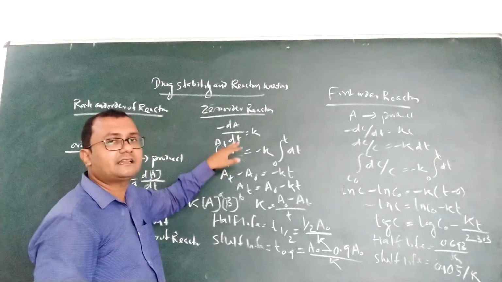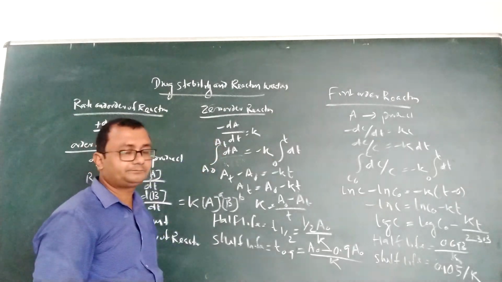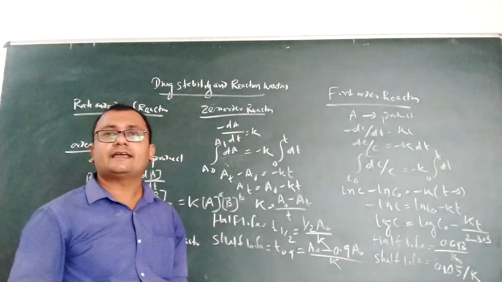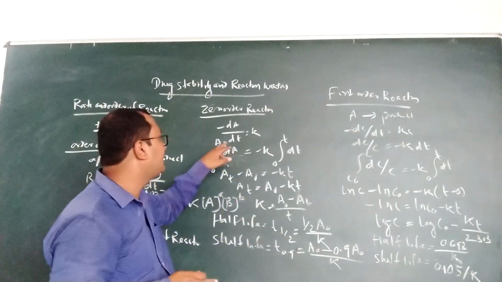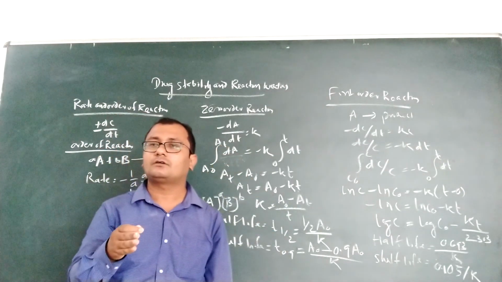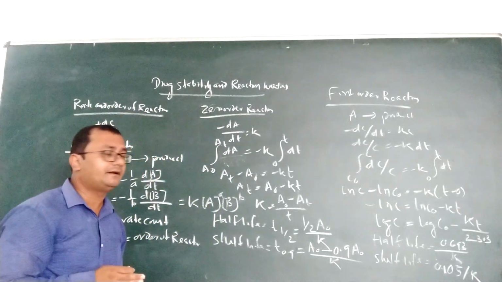Now we can integrate that equation. If we integrate, we have to take A0 and At values. A0 is the initial or original concentration, and At is the concentration at different time intervals.